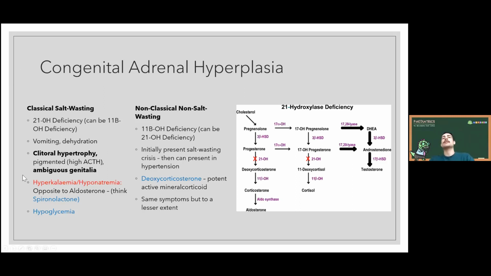And then you get the clitoral hypertrophy, ambiguous genitalia. But non-classical means you get some mineralocorticoid effect. For instance, with 11 beta hydroxylase deficiency, you might still be able to develop deoxycorticosterone, which has mineralocorticoid effect, and therefore you can maintain some of that aldosterone effect. So you're not going into that severe shock, but it's still similar symptoms.